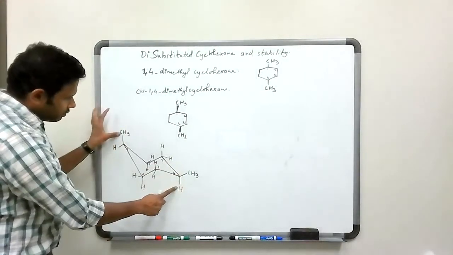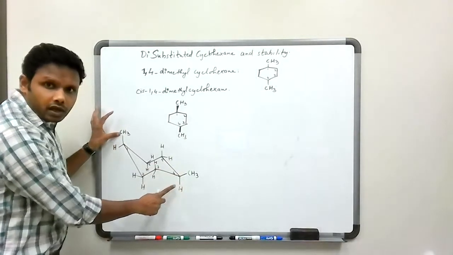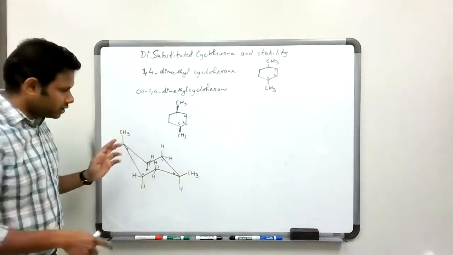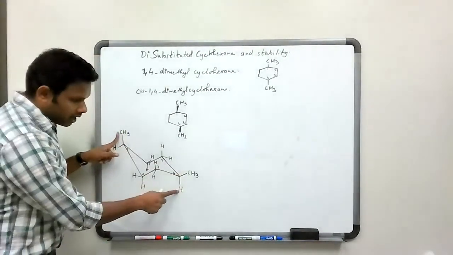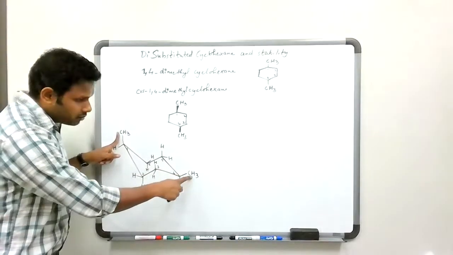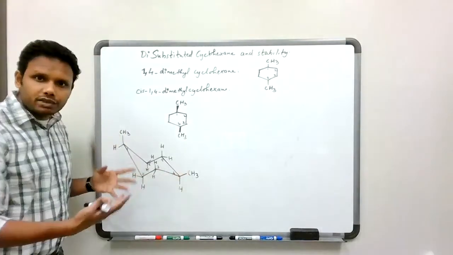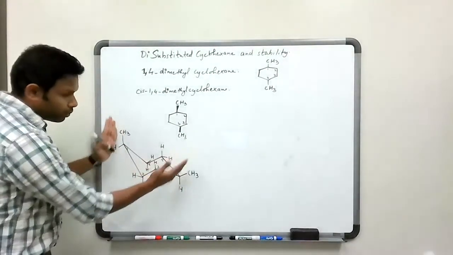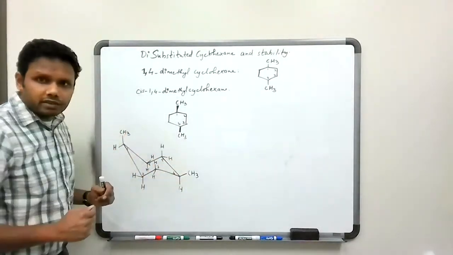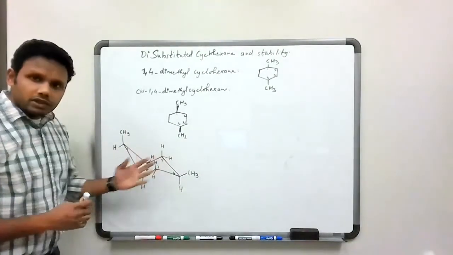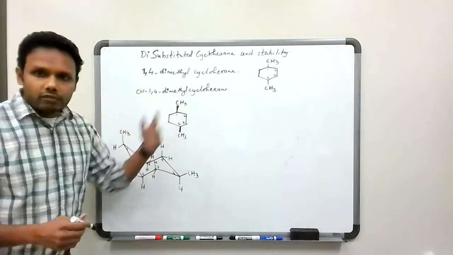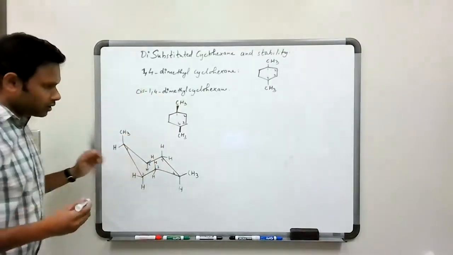That means the methyl group and the hydrogen are trans to each other. They're pointing in opposite directions. So if the methyl and this hydrogen are trans, that means the methyl and the methyl must be cis, if that helps. But simply, they're both pointing up on the respective carbon atoms. So this is the cis 1,4-dimethyl cyclohexane. Okay, that's one conformation.